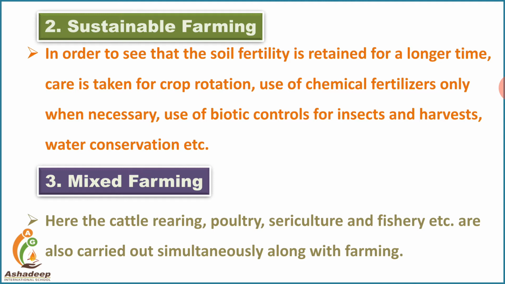So here the farmer is not only depending on cultivation of the farm. Simultaneously, he is also adopting other activities of the primary sector like cattle rearing or livestock rearing, poultry farming, sericulture and fishing in order to earn more returns. Okay, and that's why it is a fusion and it is called mixed farming.